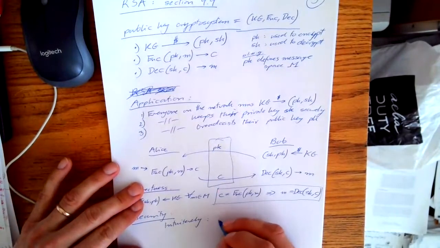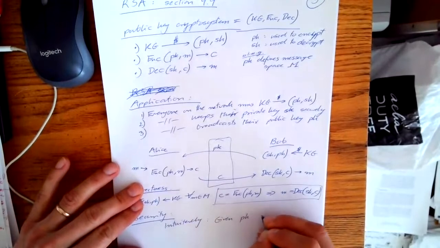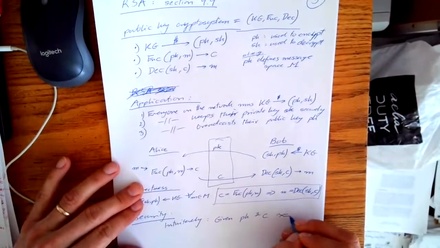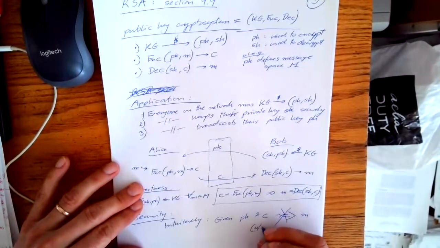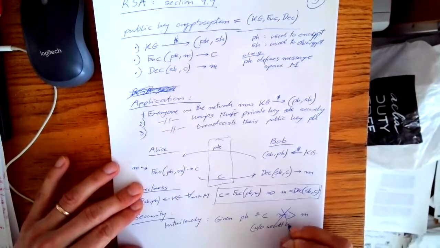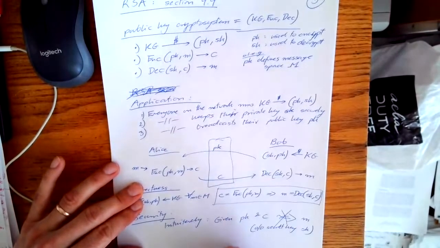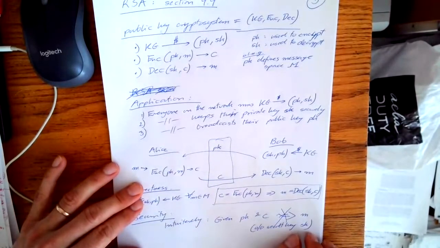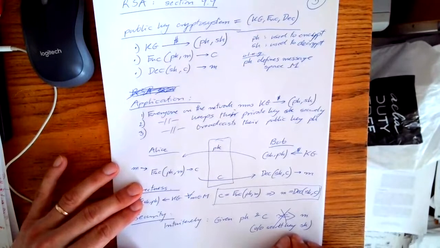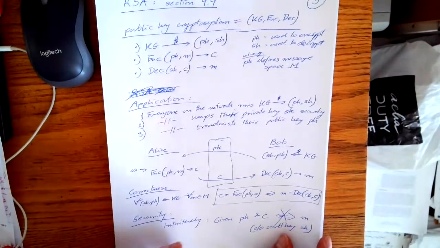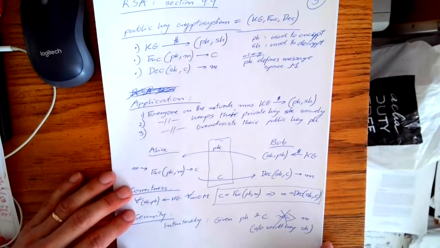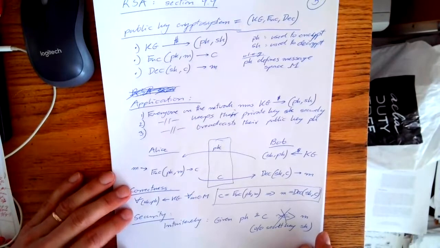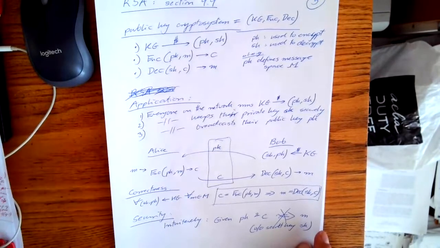So intuitively, given the public key and ciphertext, it is still hard to recover the message M without the secret key. That's what public key encryption needs to do. In this class, we will not talk about the basis of security for RSA. I invite you, later on, to take a crypto class to learn that. But we'll just show what it is and why it's correct at least.